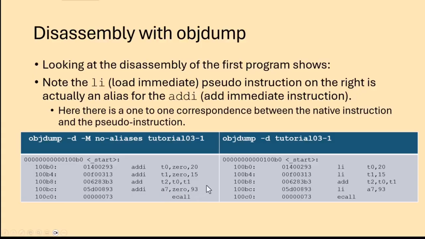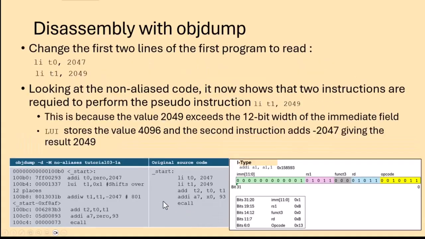So, in this case, where we load numbers larger than 12 bits, we have a bit of an issue. If you recall from tutorial 1, the I-type instruction uses 12 bits for the immediate field. So if we load a value like 2049, it exceeds 12 bits. If we load the T0 register, that translates across to add immediate.